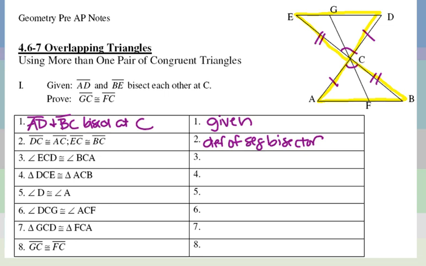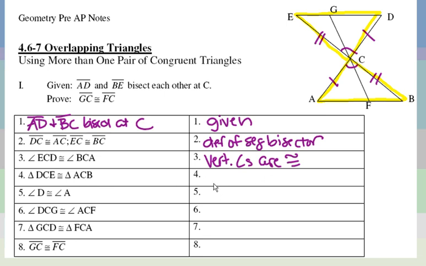Now I also marked that angle ECD was congruent to angle BCA, and that was because I had that hourglass shape going on, and those are vertical angles. So vertical angles are congruent, which means that my triangles are congruent.